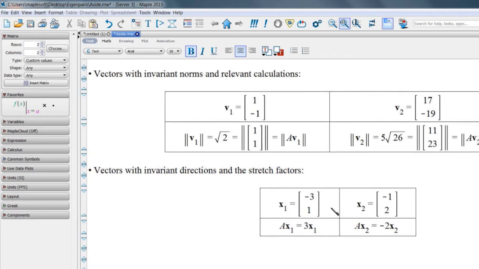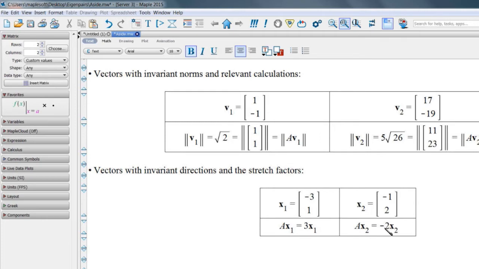However, for this same matrix, if you look at the vectors x1 and x2, this vector and this vector, A x1 has its direction preserved, and the stretch factor is 3. And this vector has its direction preserved, if you don't worry about the flip in direction with the minus sign, and you can think of it as 2 or minus 2, however you want to define this.